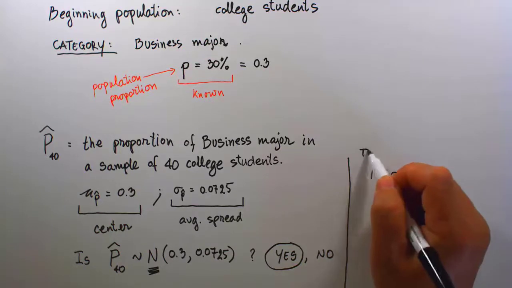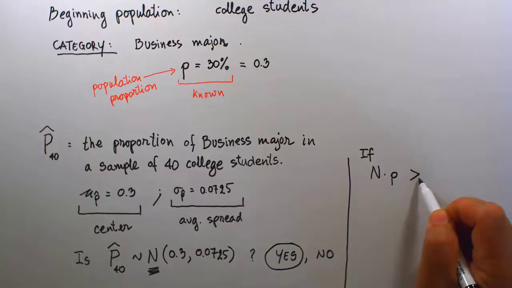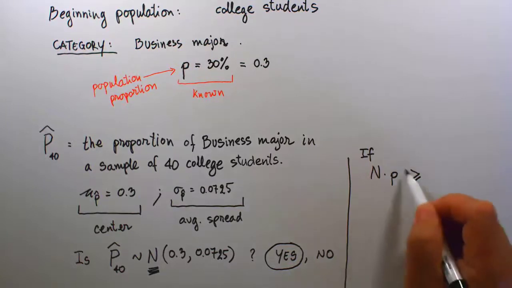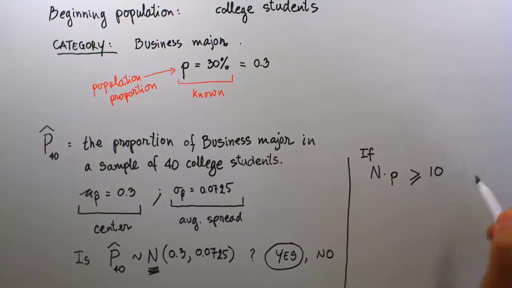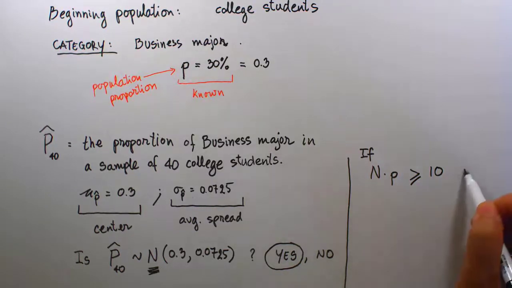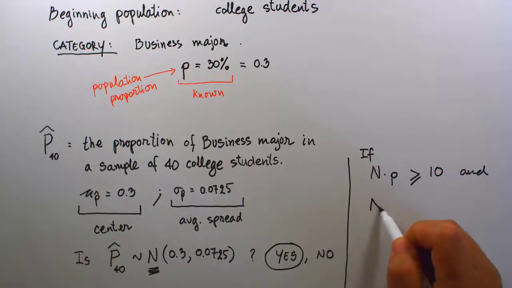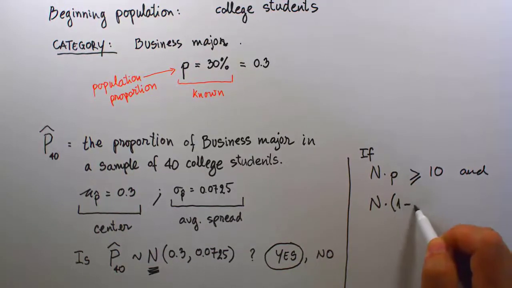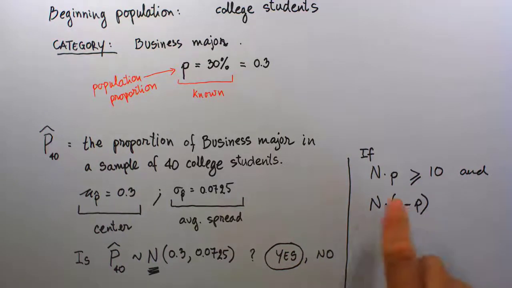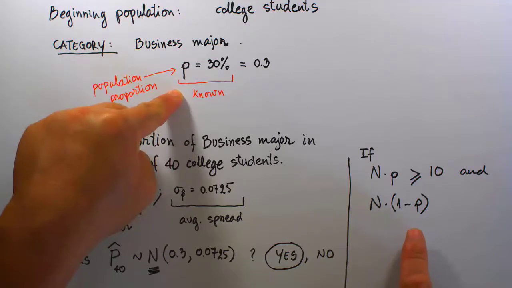If this product gives us a number greater than or equal to 10, and besides that product, there's another product, the sample size multiplied with 1 minus P, and remind yourself constantly that P means our known population proportion.